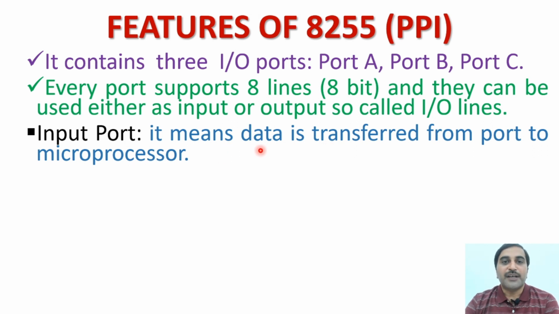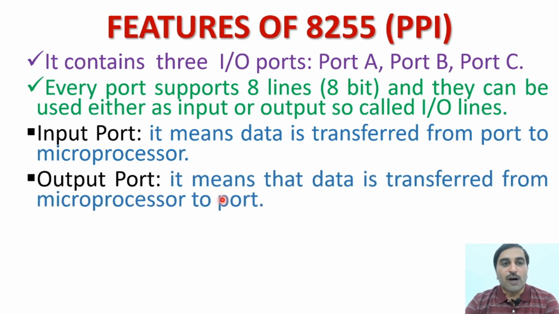If the lines are used for transmission of data from port to microprocessor, that port becomes an input port, otherwise an output port. Output port means that data is transferred from microprocessor to port. The port may be either A, B or C.